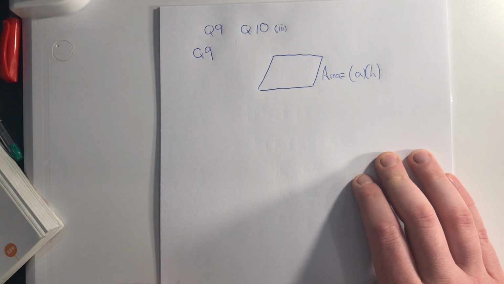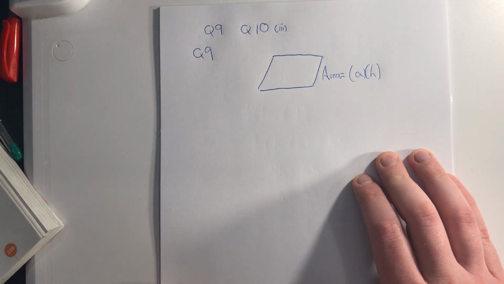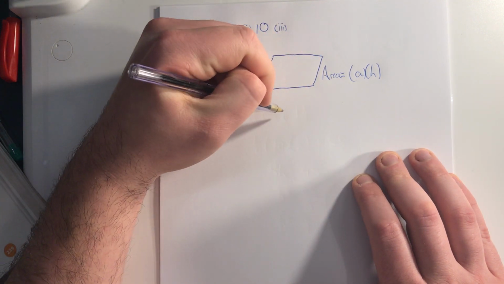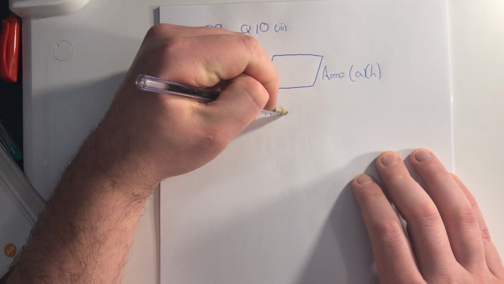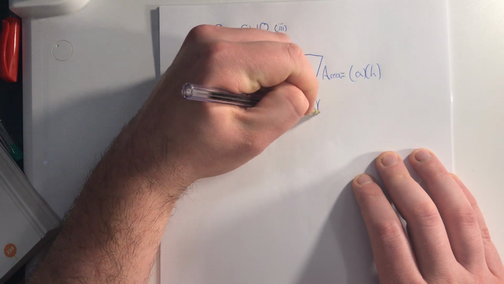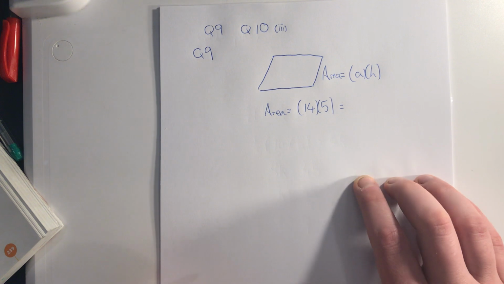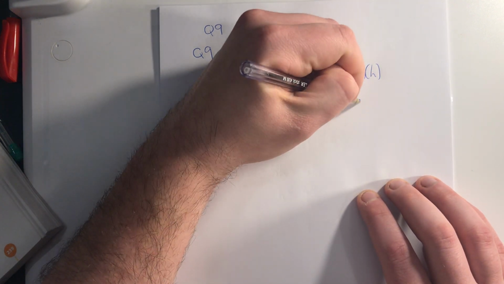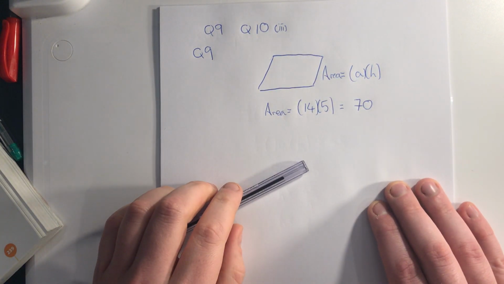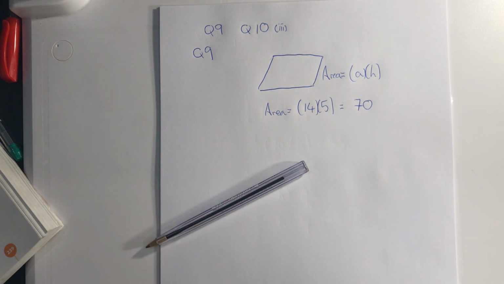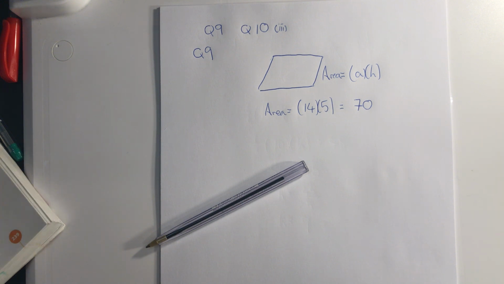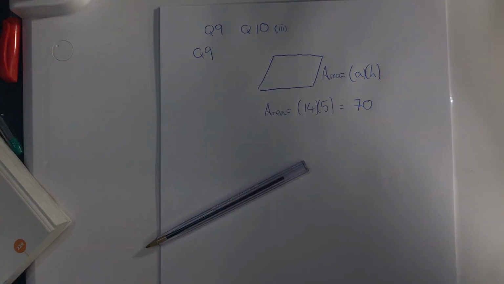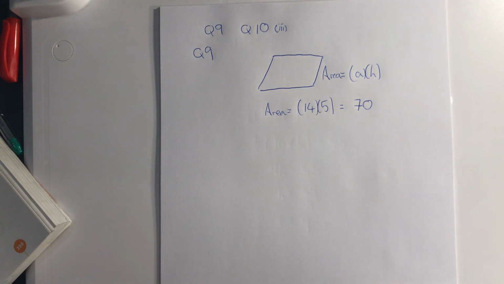So that's going to be 14 times 5, which is a half of 140, which is 70. So that's the area of that parallelogram.